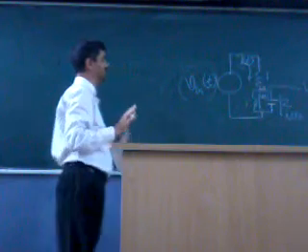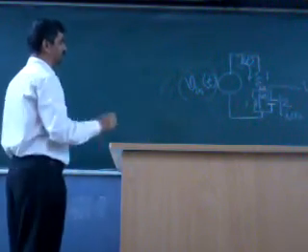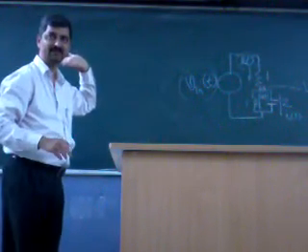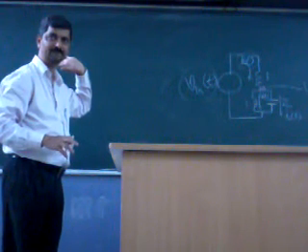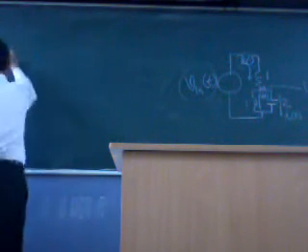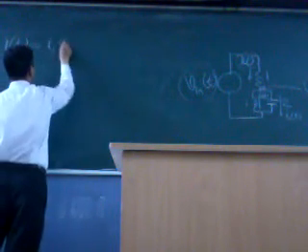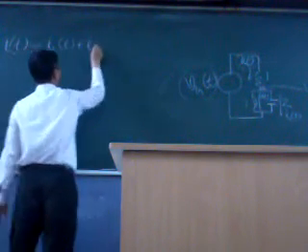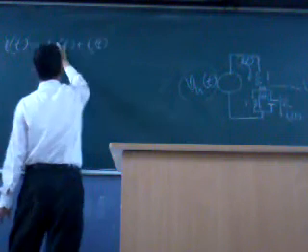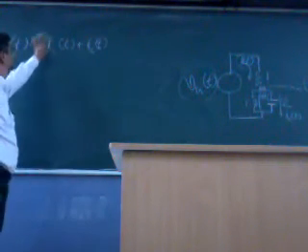So what are the different laws now? i(t) is equal to iL(t) plus iC(t). Is it all right?